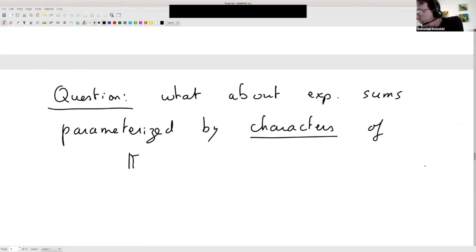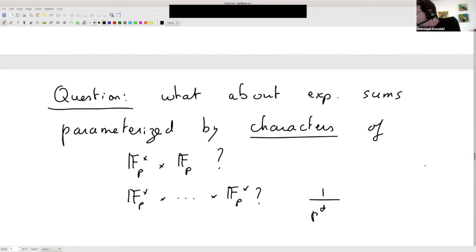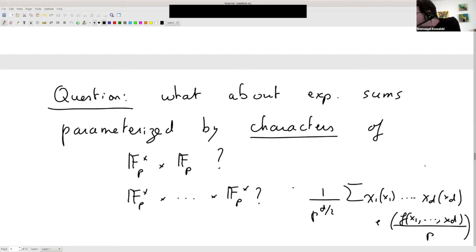So a simple example would be a multiplicative and an additive character, but you could think of a tuple of multiplicative characters, and then a polynomial in d variables. So this could be the kinds of sums you want to think about.